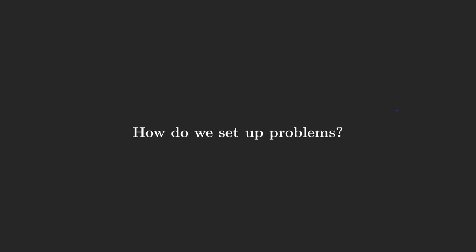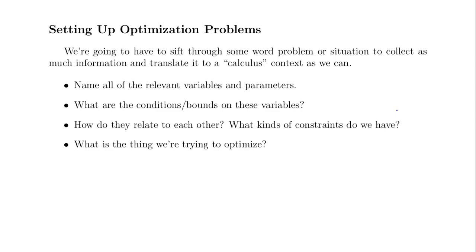So the main key that we're going to have to struggle with is how do we set these problems up? These are going to be word problems, or if you're in a real life situation, it's just some sort of a specific case situation that you're living in or sitting in with work, and you've got to sift through all the different pieces that are involved and try and collect as much information as you can. And we're going to try and continually just translate it into some sort of a calculus context.